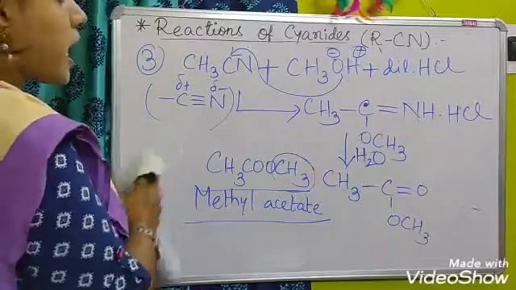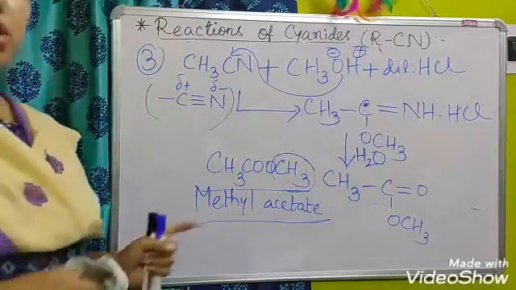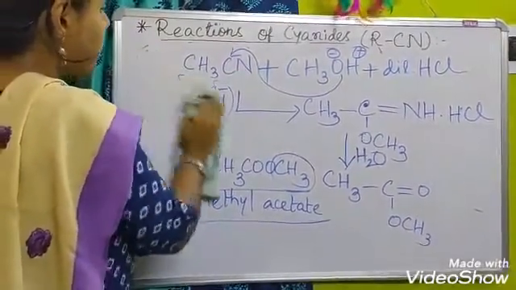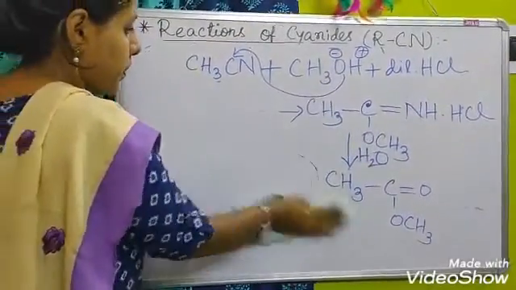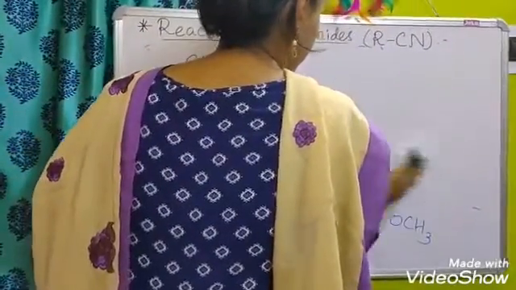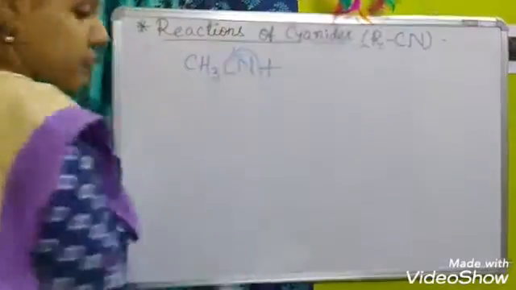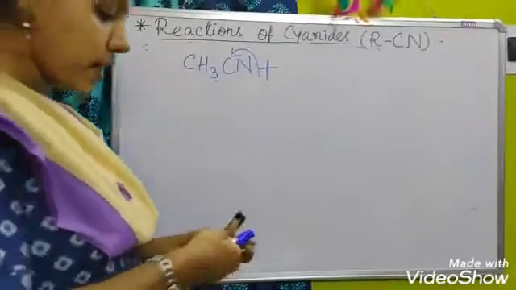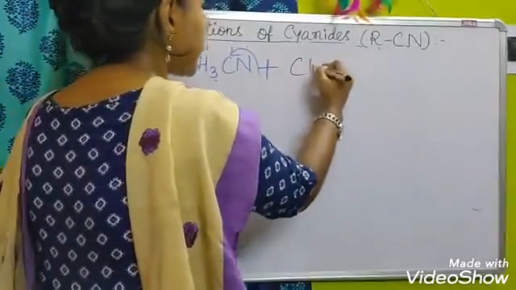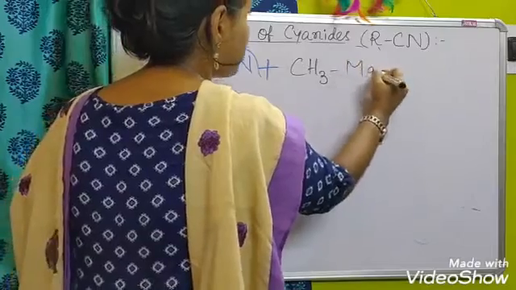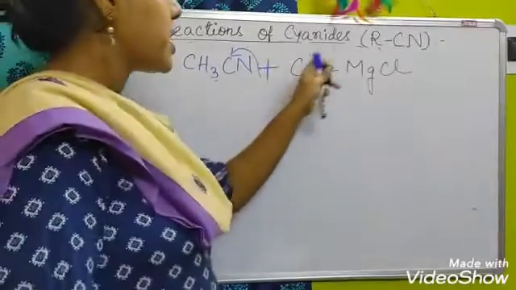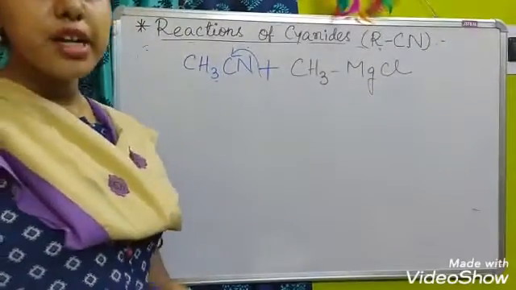Clear? Okay. Now I am going to the next reaction, that is the reaction of cyanide with Grignard reagents. Grignard reagents have an organometallic bond, just this one, CH3MgCl. So this is an example of a Grignard reagent.